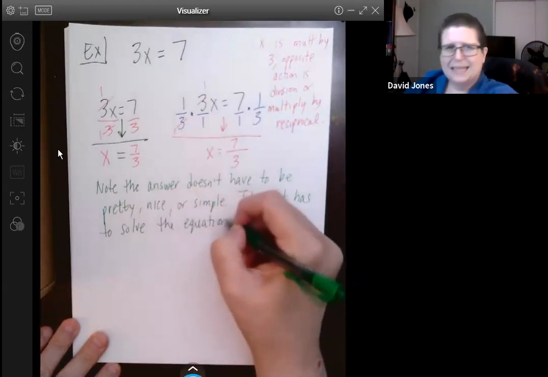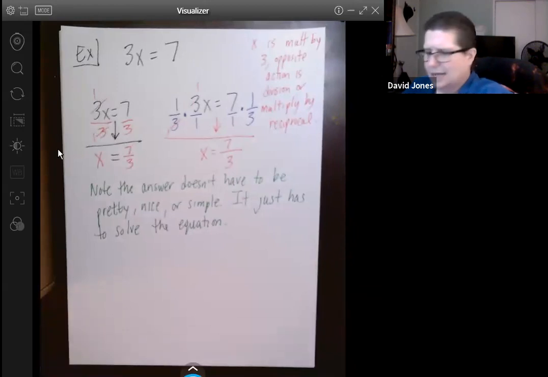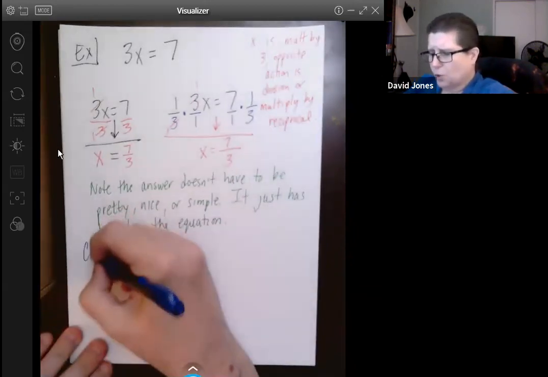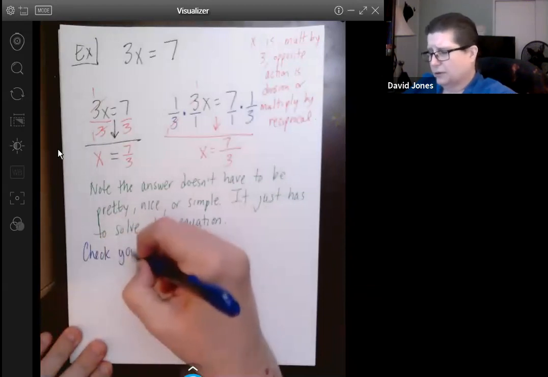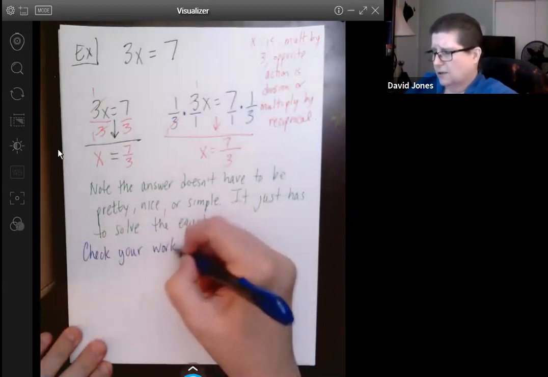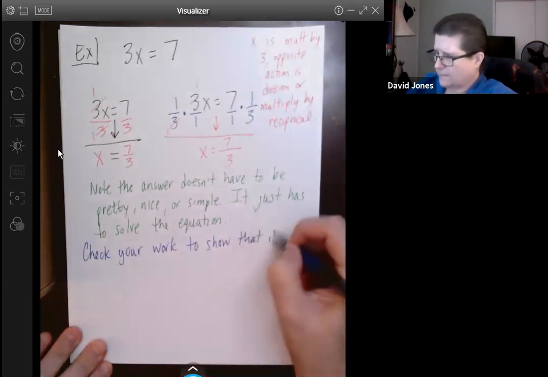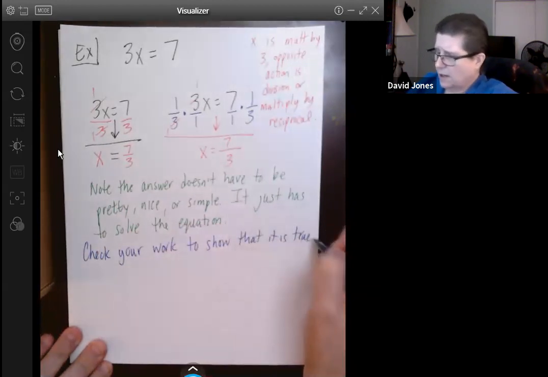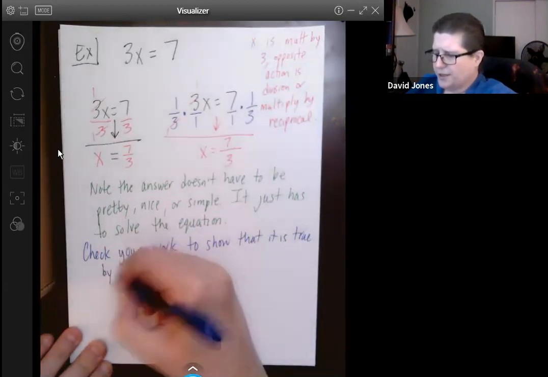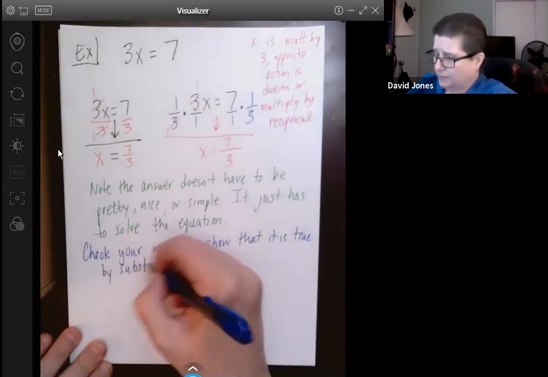One of the best things about mathematics is you can verify your work. Check your work to show that it's true. We do that by substituting the solution in for the variable.